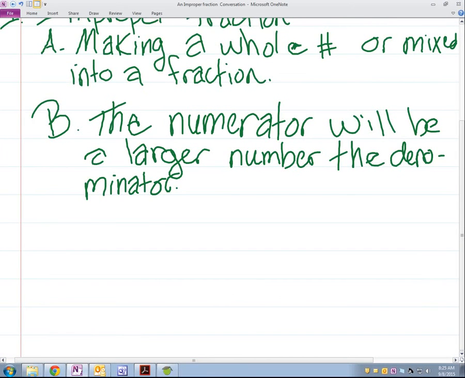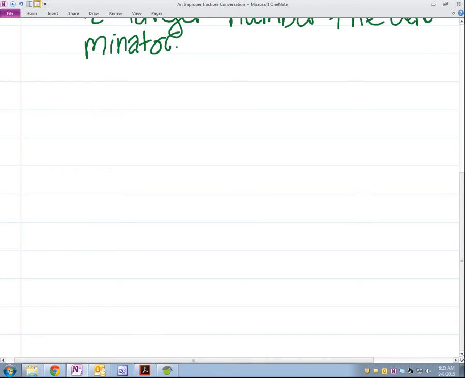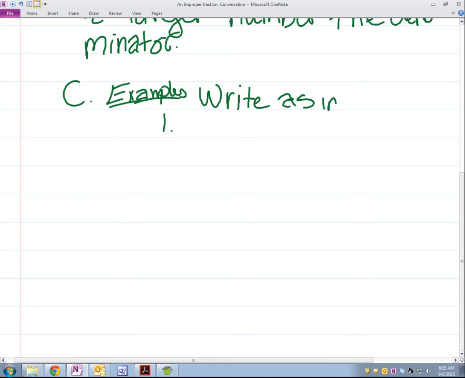Let's do an example. Examples. Write as improper fraction.